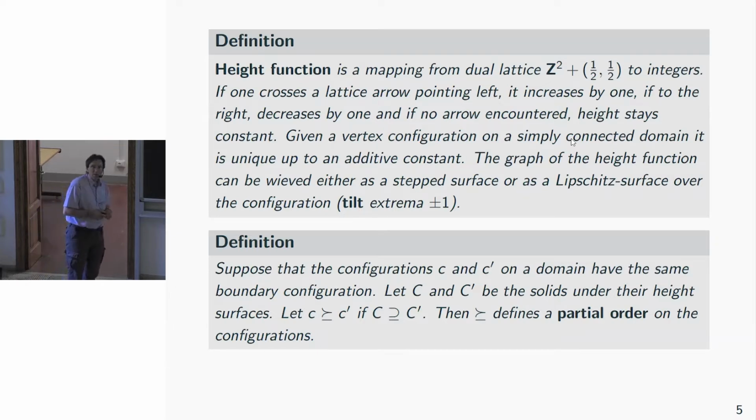That's your height surface, and you can think of it as a continuous surface, as a Lipschitz surface, but what is actually maybe more useful is to think of it as a stepped surface, so that you have these 1 by 1 ceiling pieces sitting centered at every dual lattice point, and that covers your configuration.